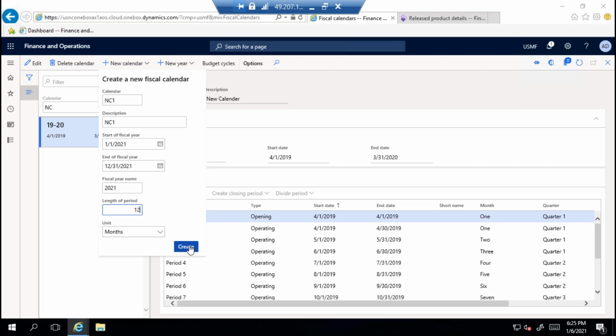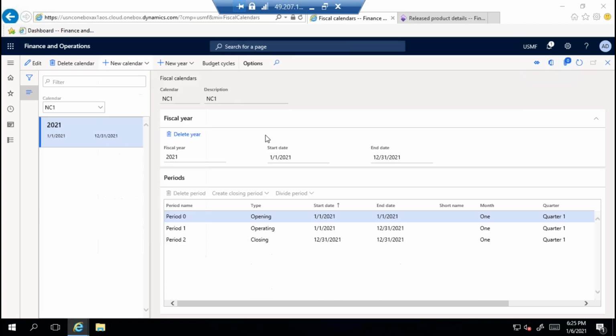Give me 1 minute, let me create. See, so you can define and you can divide also. The server is slow, but you can divide now if you want.